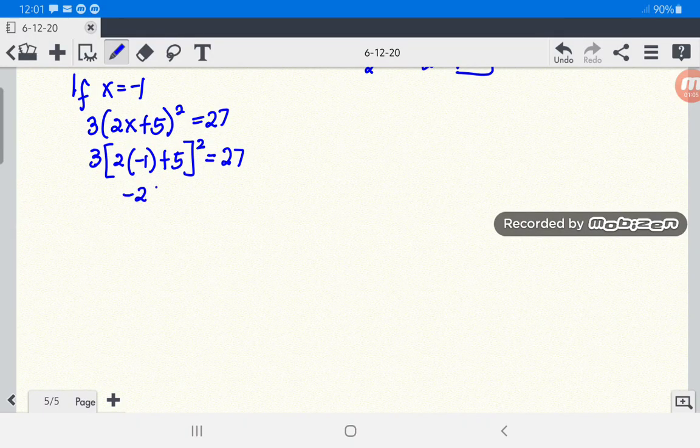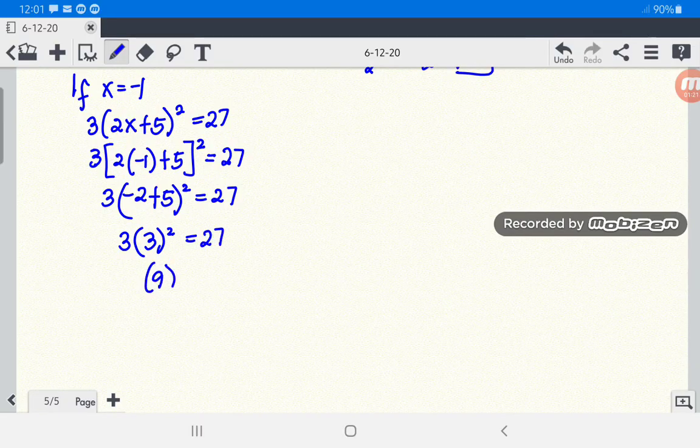So we have 2 times negative 1, that is negative 2, plus 5, square it, then times 3 equals 27. So negative 2 plus 5, that is 3 squared. Then you copy 3, then equals 27. 3 squared, that is 9, times 3, then equals 27. Are they equal? Let's see. 3 times 9, that is 27, equals 27.